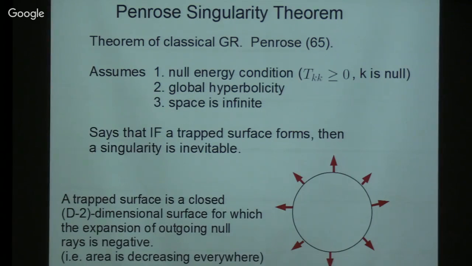Now, this may seem very strange because normally, if you go outwards from some surface, you expect the area to increase. But you could imagine that in a sufficiently highly curved region of space-time where there is enough distortion of the geometry due to gravity, maybe the area would be contracting everywhere instead of expanding.